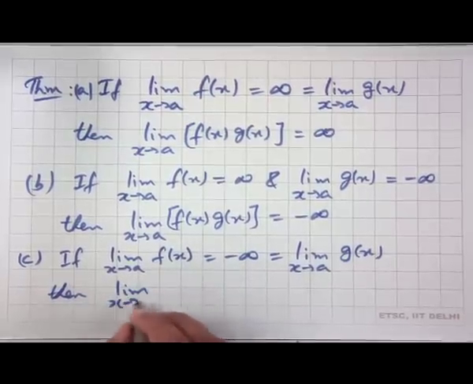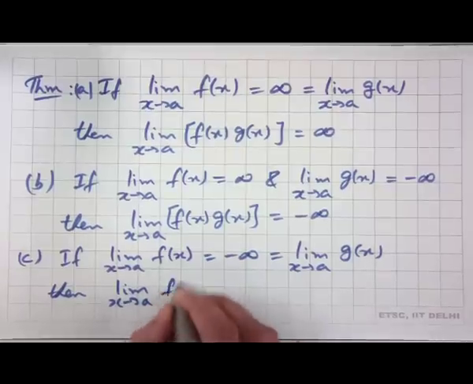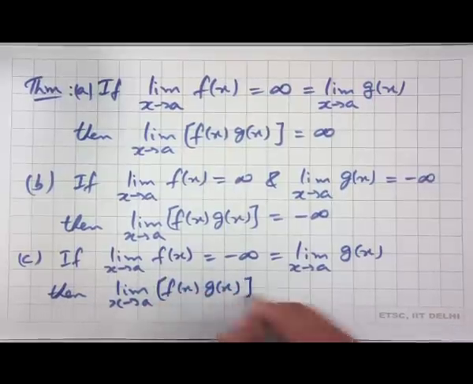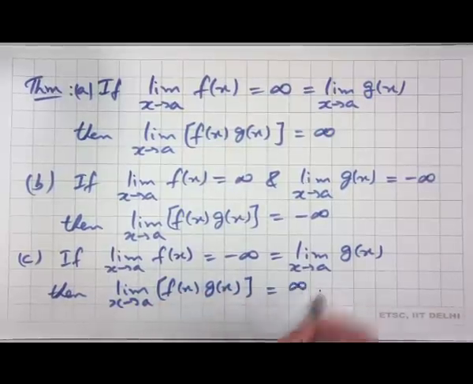Then again the product has limit equal to positive infinity. This is because the product of two negative numbers gives a positive number.